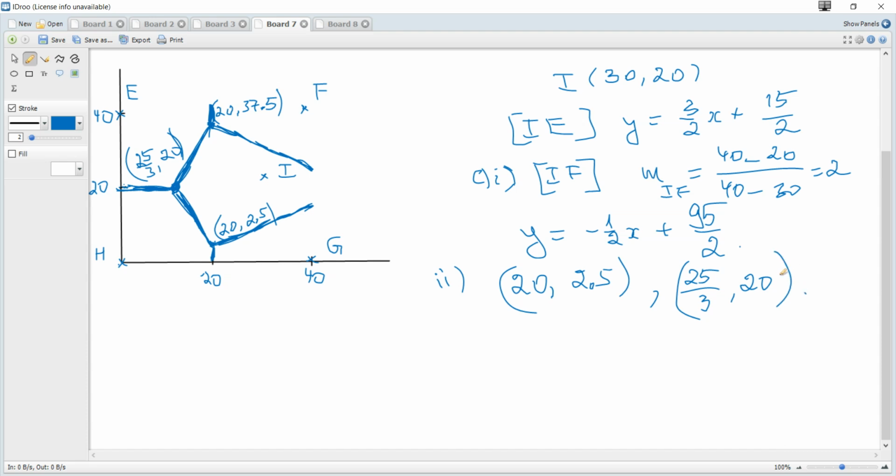The next, the metropolitan area is divided into districts based on the Voronoi regions found in C. And question D, a car departs from a point due north of H, somewhere here. It travels due east at constant speed to a destination point due north of G, so to some point on this line.